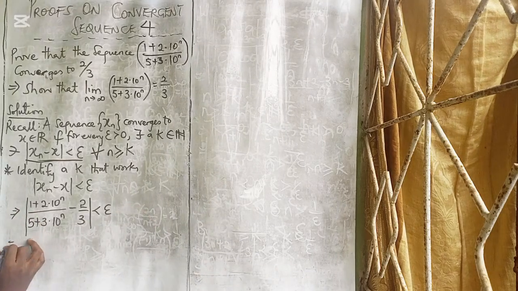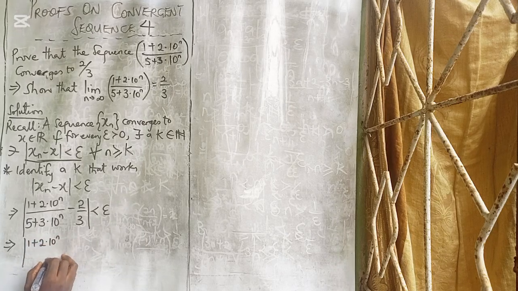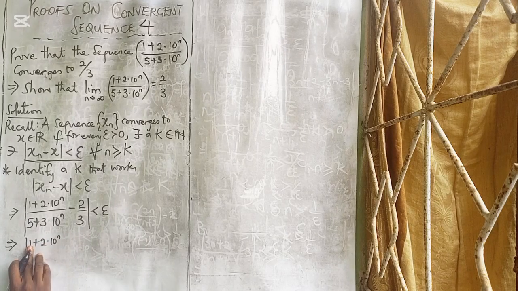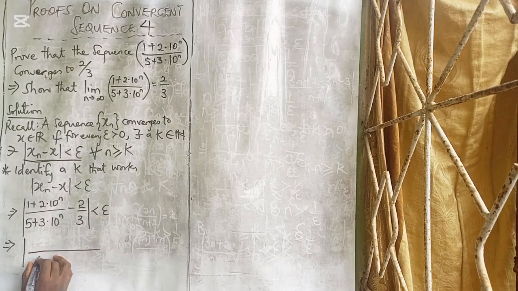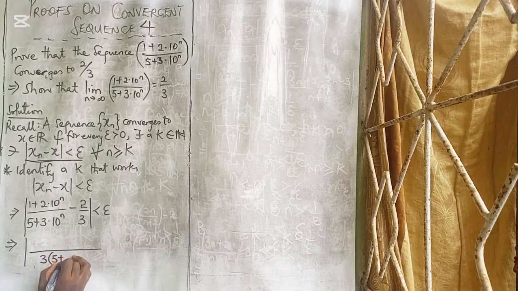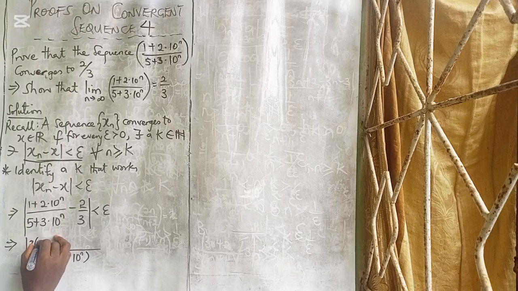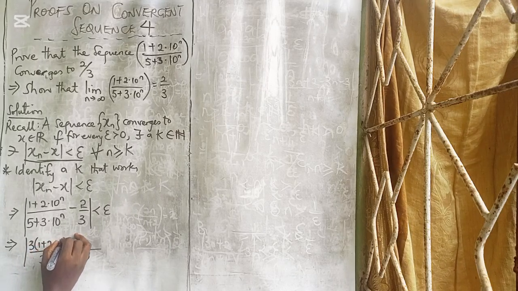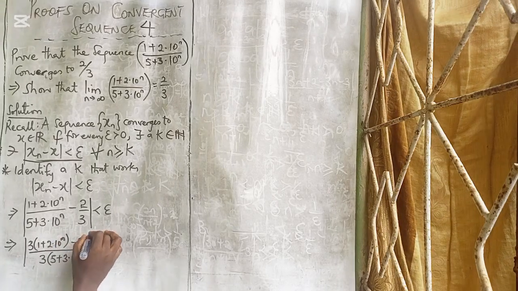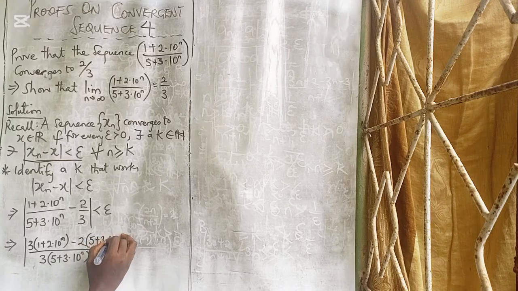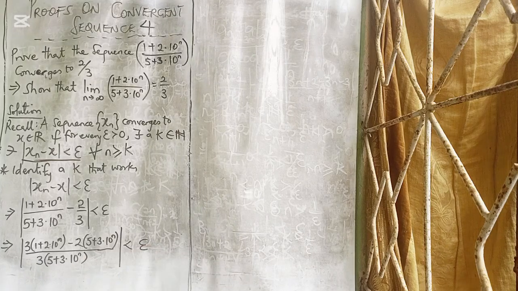That implies, we need to take the LCM, 3 × (5 + 3 × 10^n), and that gives me the absolute value of [3 × (1 + 2 × 10^n) minus 2 × (5 + 3 × 10^n)] over it, is less than epsilon.